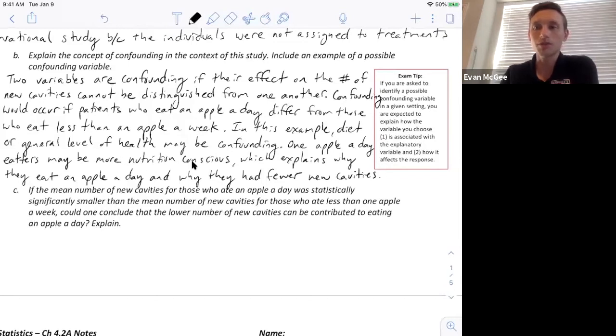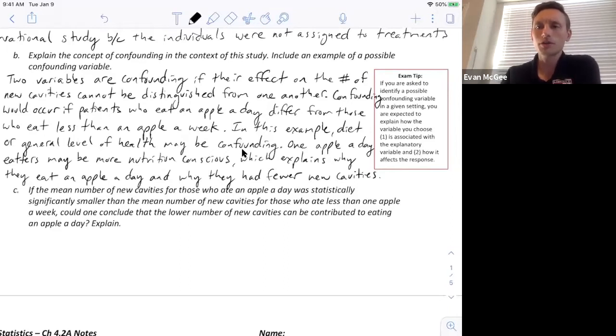So they just might be healthier in general. And them being more nutrition conscious explains why the explanatory variable might be true. They're eating an apple a day, and it explains how the response variable is affected. In this case, the response is their dental health, or the number of new cavities that they had.